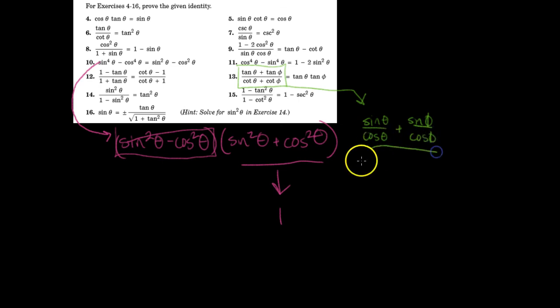And then on the bottom, cotangent is the opposite, so it's cosine of theta over sine of theta, plus now we have cosine of phi over sine of phi.